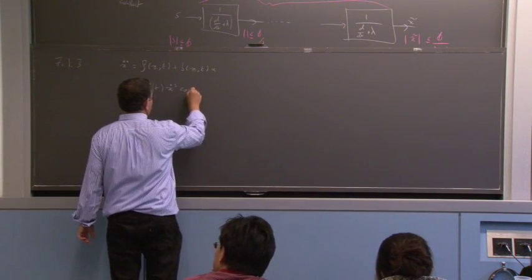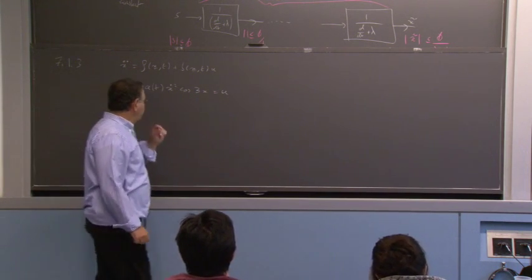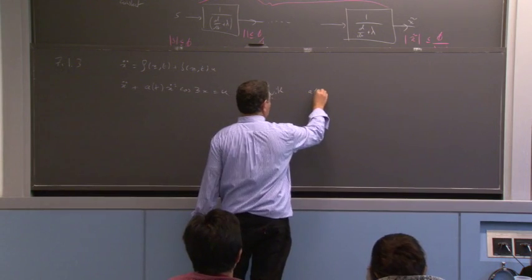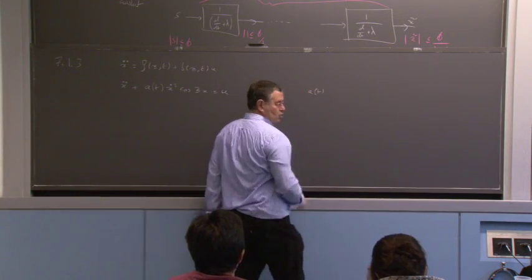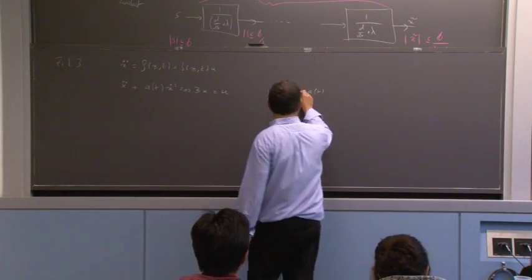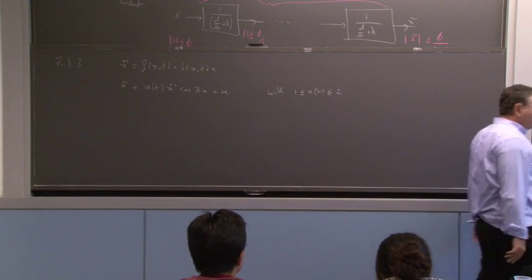This is just a mathematical example. x double dot plus a of t, x dot square cosine 3x, equals u, with a of t between 1 and 2. So this is your problem.